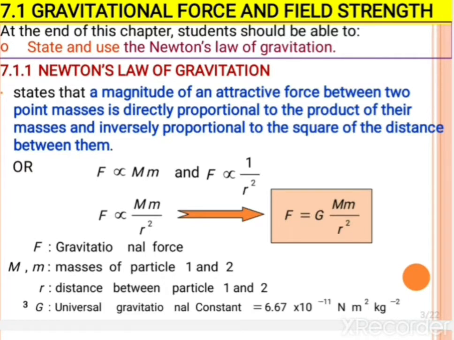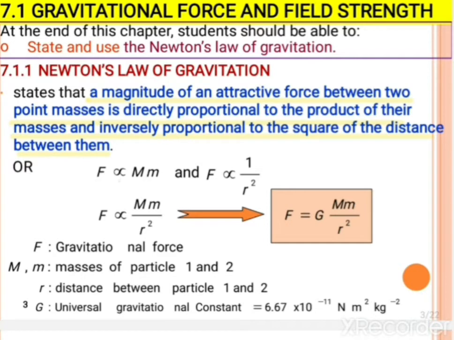Newton's law of gravitation states that the magnitude of an attractive force between 2 point masses is directly proportional to the product of their masses and inversely proportional to the square of the distance between them.